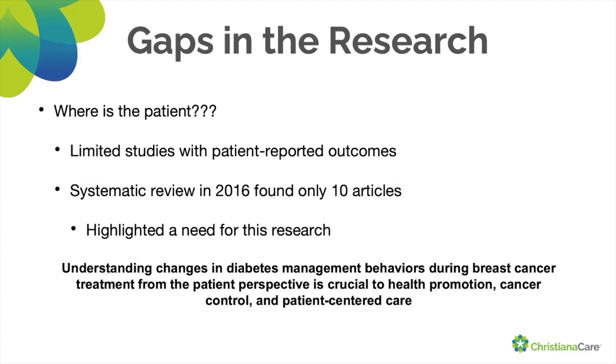At that time, and this is a little dated now, they found only 10 articles that focused specifically on patient-reported outcomes in this population. They highlighted the need for additional research that includes these outcomes, to better understand how to support diabetes management during cancer treatment.